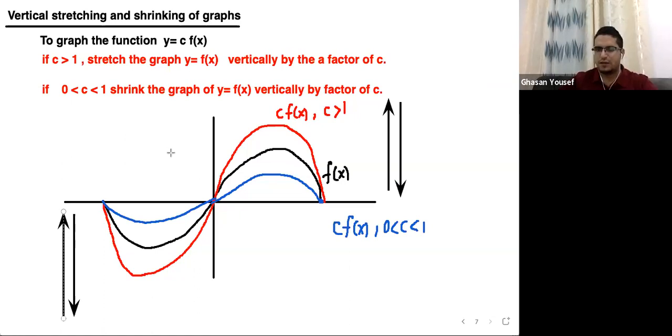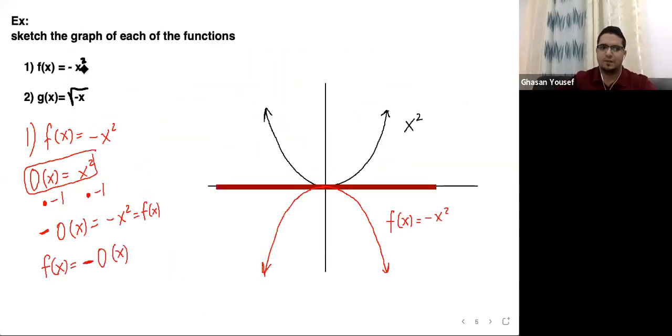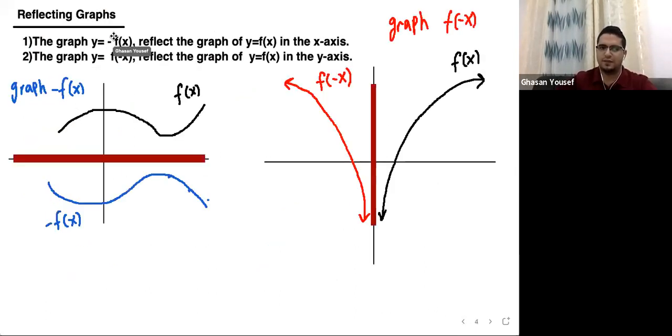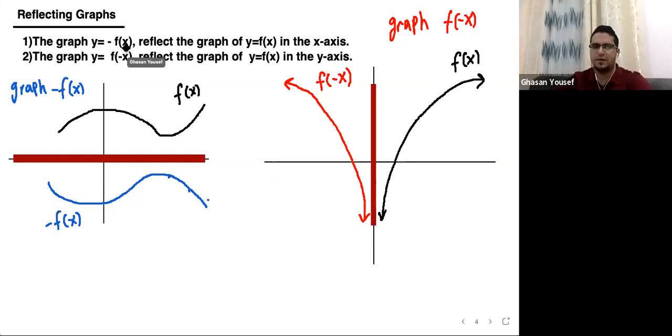Here I get a question from Abu Bakr. He said, what about if it's less than 0, like -3? For the negative, this means we have to reflect it around the x-axis.